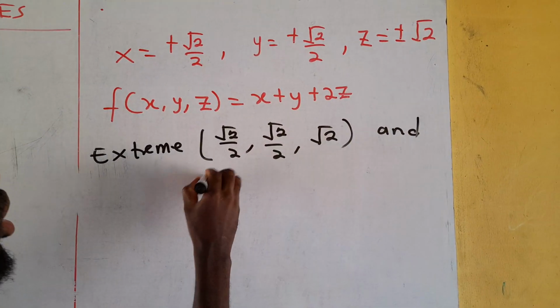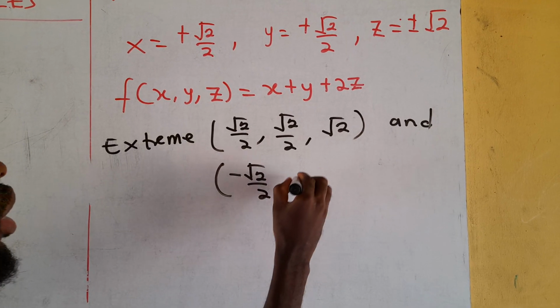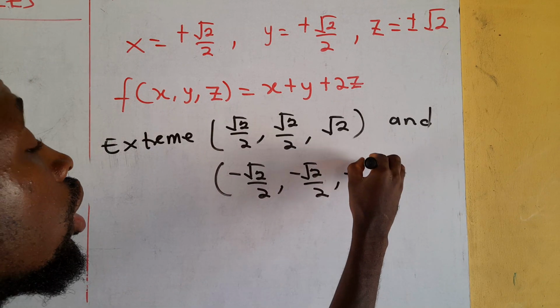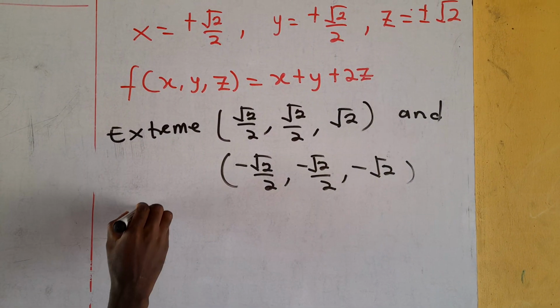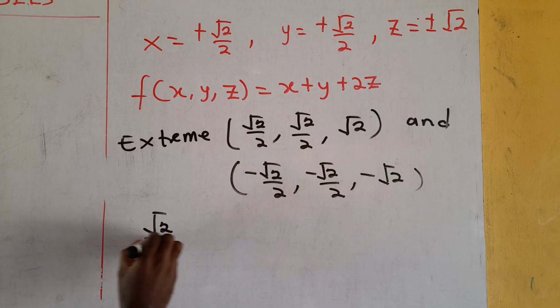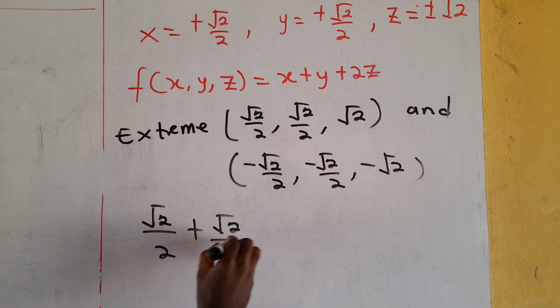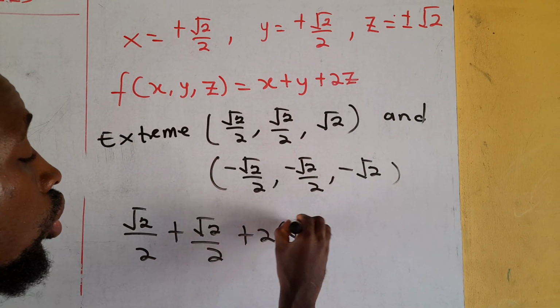And negative root 2 over 2 for the x, negative root 2 over 2 for the y, and negative root 2 for the z. So now we substitute into this function. So we get root 2 over 2 plus root 2 over 2 plus 2 times root 2.